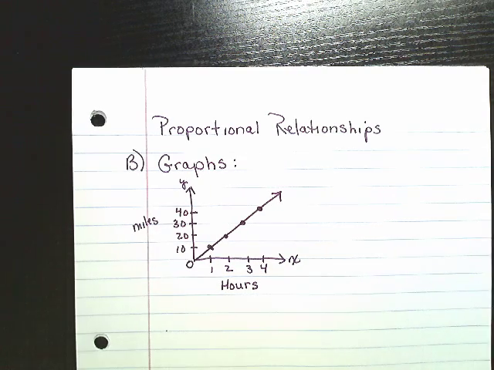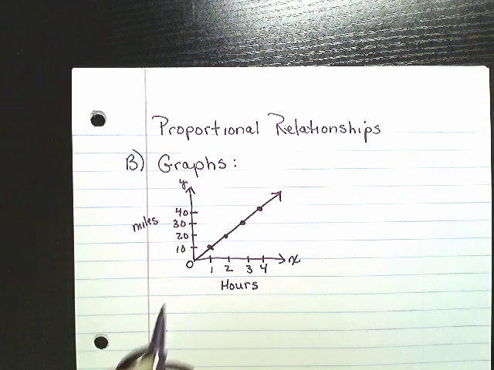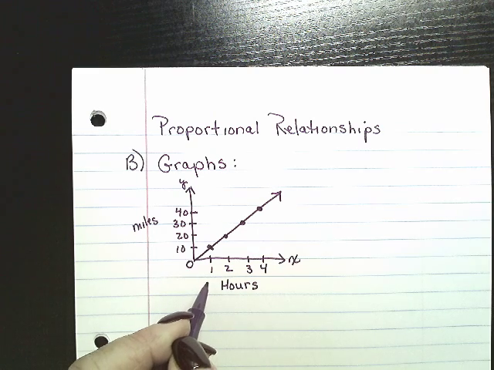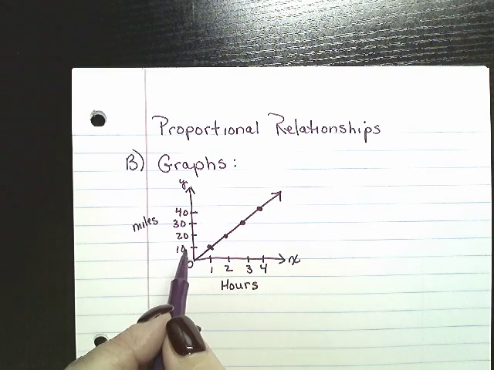Okay. So as we talked a little bit about before about that direct variation, this is an example of it that you can see a little bit more clearly because our line is climbing, therefore it's increasing.